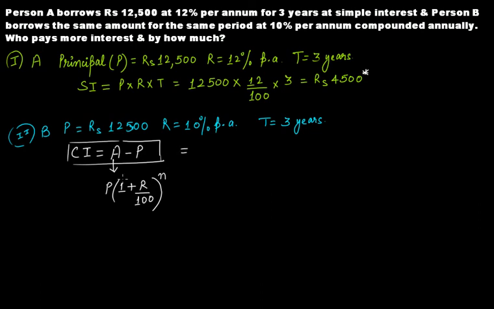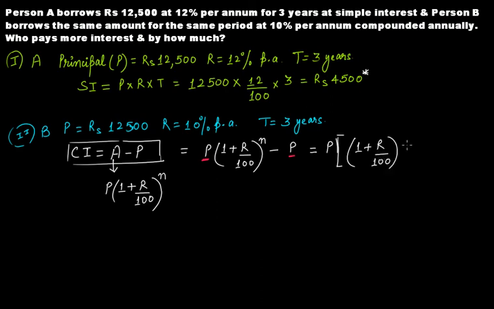It means that we can write it as P(1 + R/100)^N minus P, right? P is the principal. So in this term P and in this term P, so P is common. If you take P out, then you are left with (1 + R/100)^N minus 1.